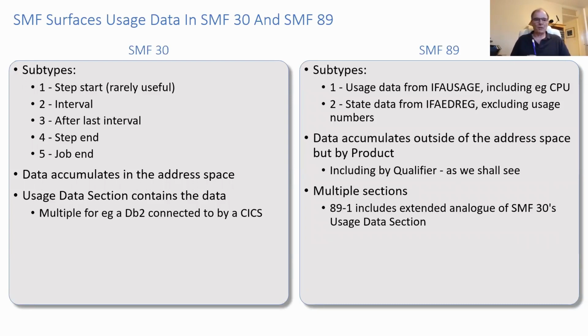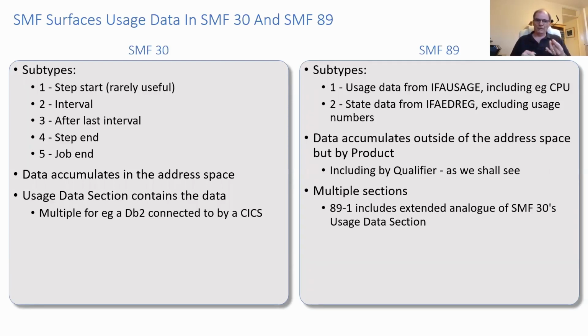So we surface the usage data in two places, really. We surface it in SMF 30 at the address space level and in SMF 89 at the LPAR level. So in SMF 30, the subtypes, just to recap, we have step start, which is very rarely of any use to anybody because that data is actually in interval subtype 2.